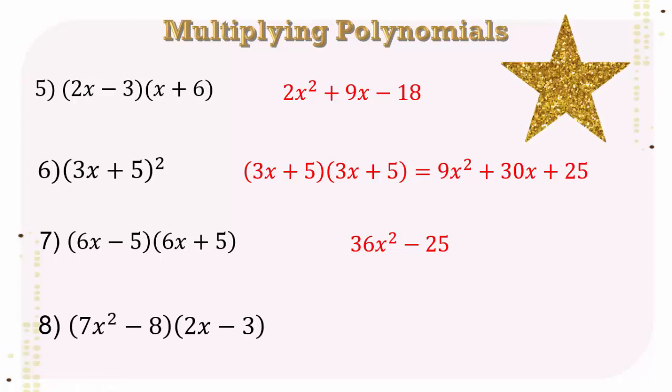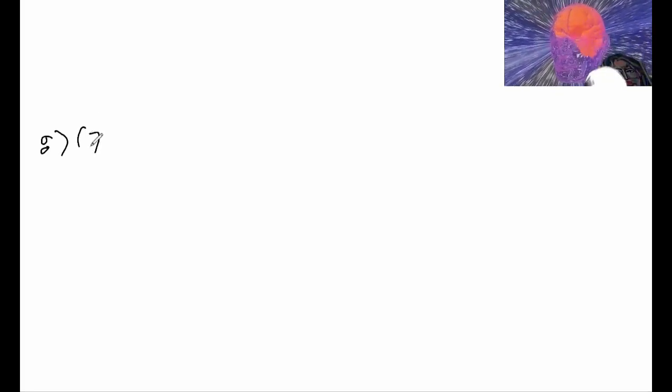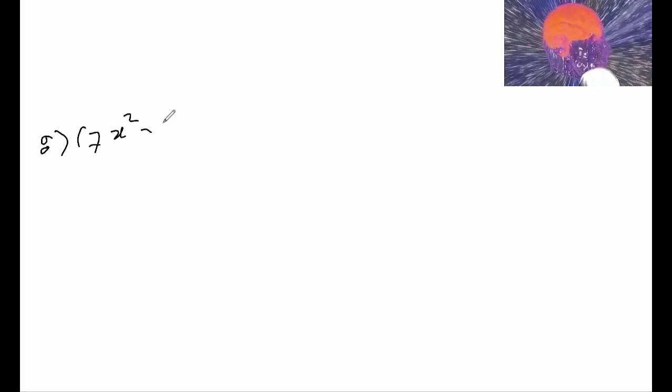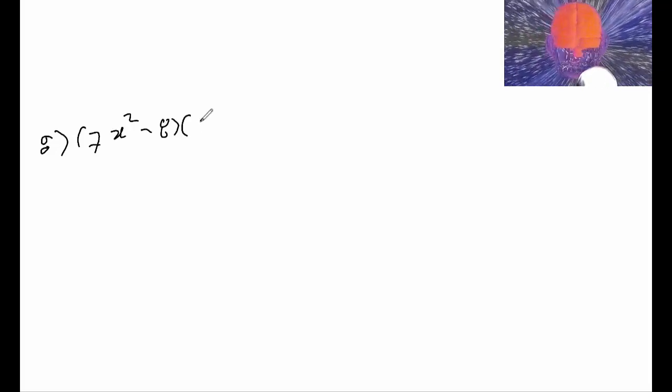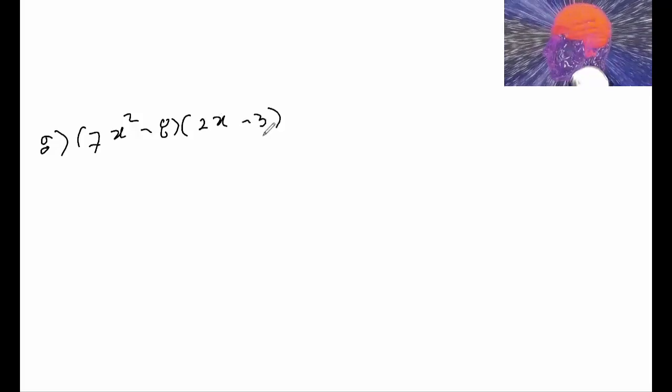In example number 8, we have these two binomials that we're going to multiply. So let us work this out on the whiteboard. In number 8, we have 7x squared minus 8 times 2x minus 3.